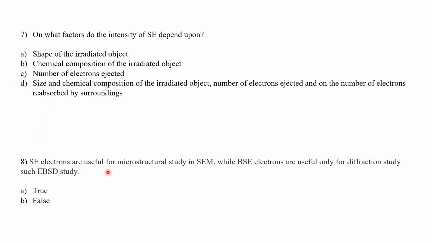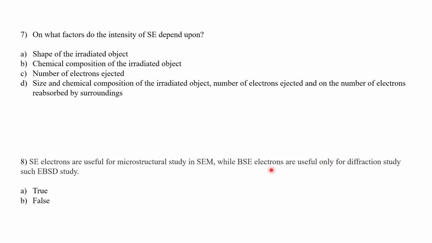The secondary electrons are useful for microstructural study in SEM, while back secondary electrons are useful only for diffraction study such as EBSD. If this word "only" had not been there, then this statement would have been true. But they have mentioned "only".